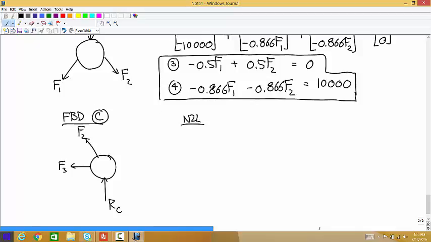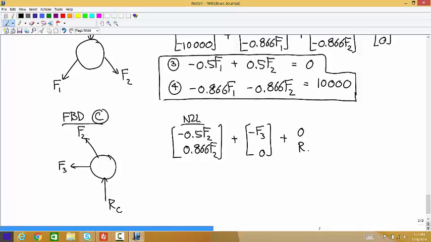So Newton's second law says negative 0.5 F2, positive 0.866 F2, plus negative F3, 0, plus 0 RC.